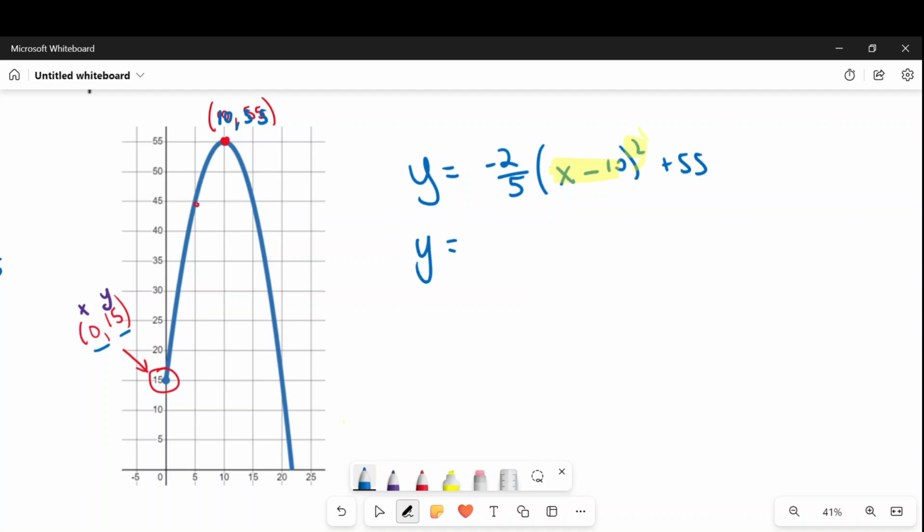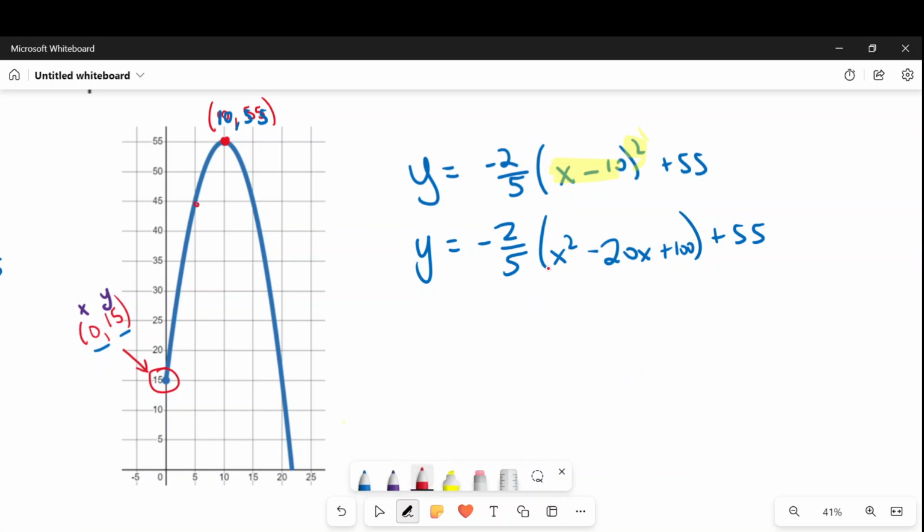So square the first, double the product: negative 10 times x is negative 10x, and if I double that, I get negative 20x. Square the last, I get positive 100.